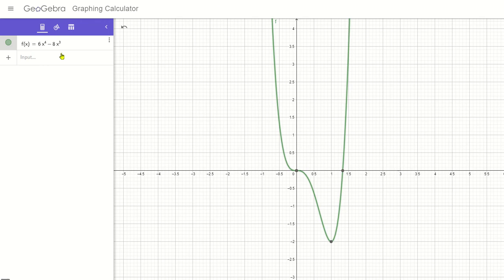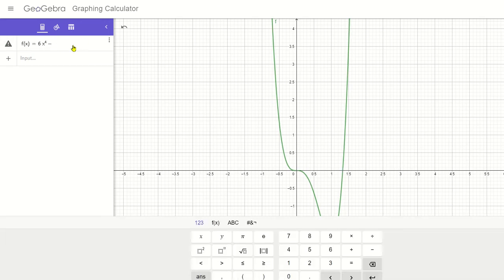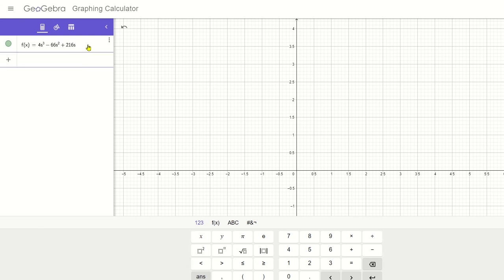This is our grapher here. 4s cube minus 66s square plus 216s. Gonna try to graph that one.